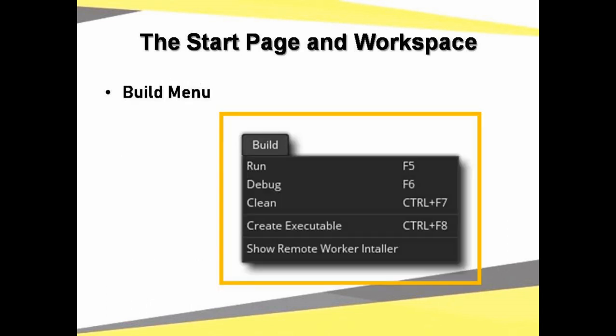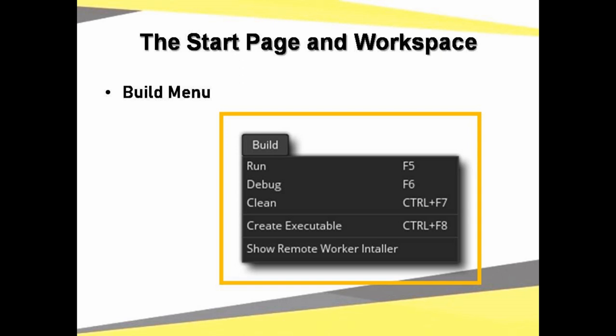Next, we have the build menu. These are what we see under the build menu. Similar to different IDEs, and similar to the other functionalities under the build menu in GameMaker Studio, please remember you can do this by clicking the build menu, and at the top you can do this by pressing keyboard shortcuts as well, like F5, F6, Control 7, and F8.